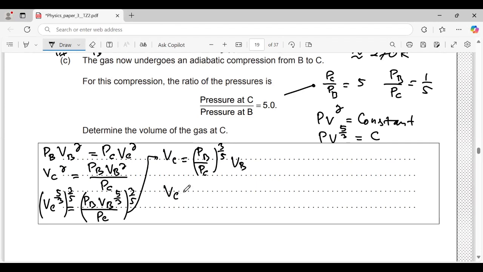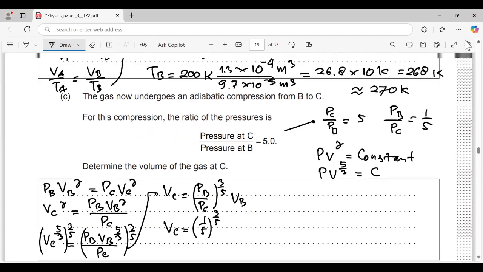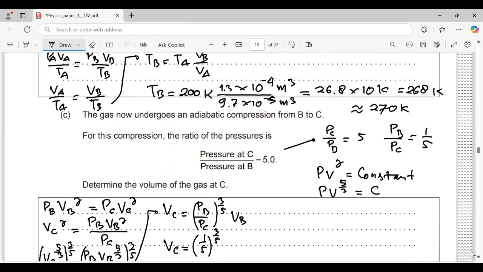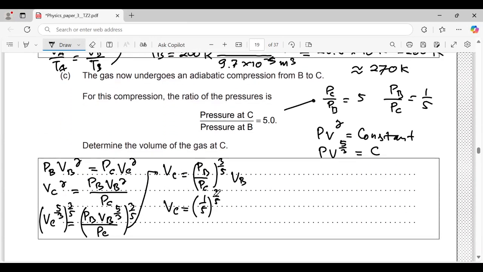Next, Pb over Pc is 1/5, so 1/5 power 3/5, and Vb is 1.3 times 10 power minus 4.